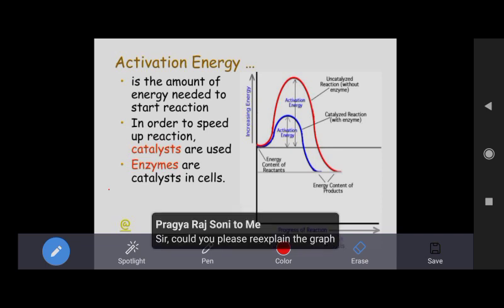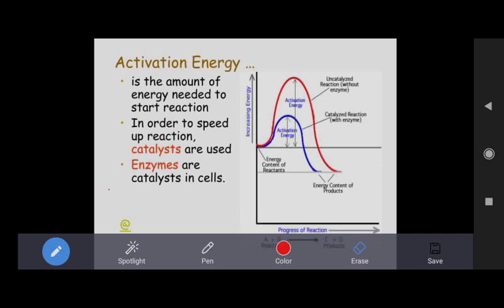See, students. Okay, Pragya. I am re-explaining the graph. See, yesterday, students, we discussed the properties of the enzyme. In that, the most important thing was that it increases the rate of the chemical reaction. Now, what is it in the chemical reaction that it enhances? Then comes the concept of activation energy.